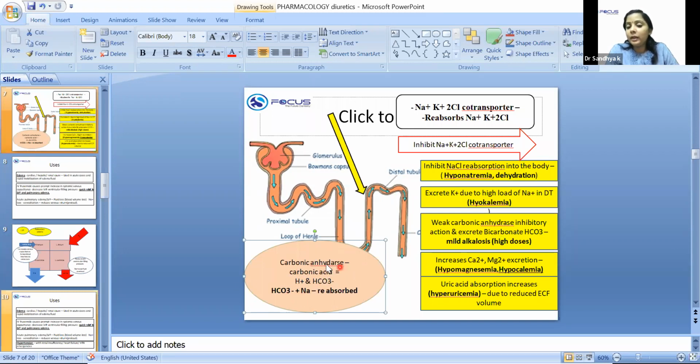Since this enzyme is inhibited by furosemide, this reaction is not taking place, so bicarbonate is not reabsorbed, which means it is removed from the body. And so there will be mild alkalosis of the urine. It does not happen under normal conditions; this happens only if furosemide is given in high doses.